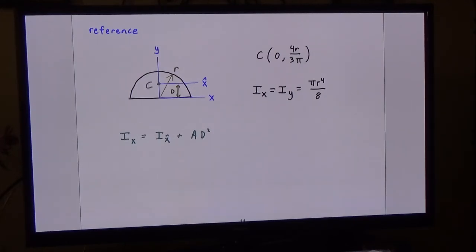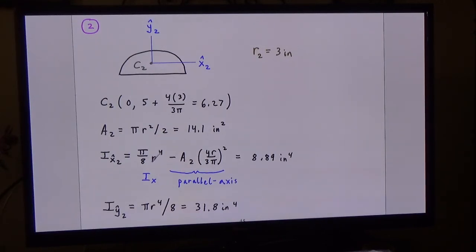So although I'm not given directly I about x hat, I can calculate it from the parallel axis theorem as the given I about x, minus A d squared. So that's where I get this term here. I have I about x, and then minus area times that distance, 4r over 3 pi, squared.